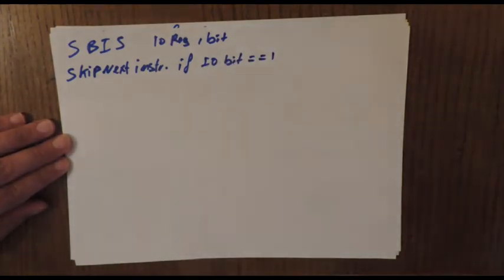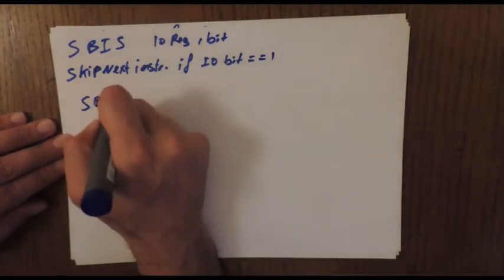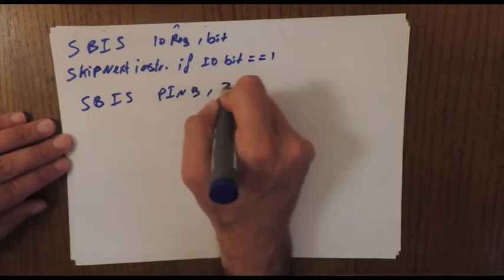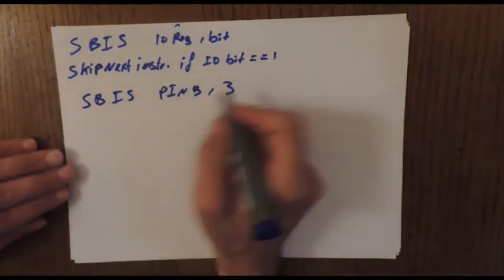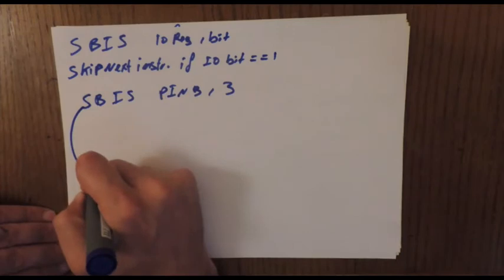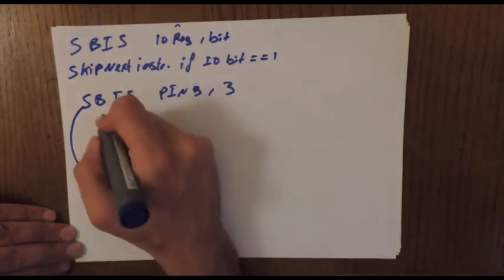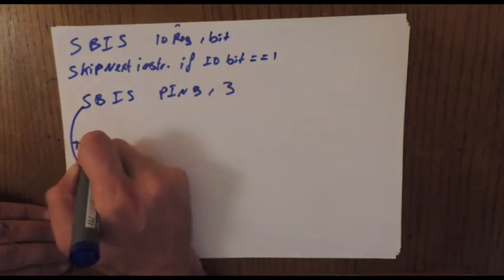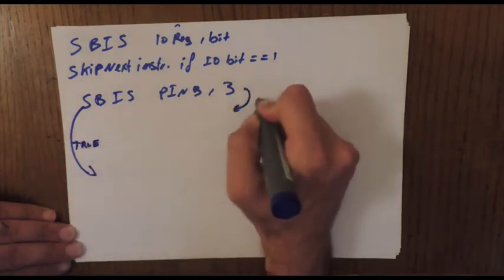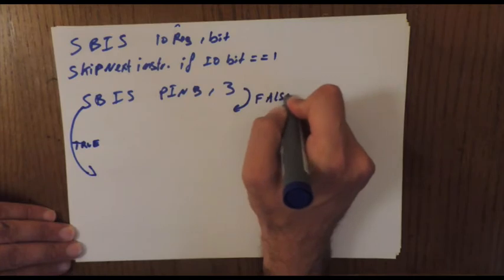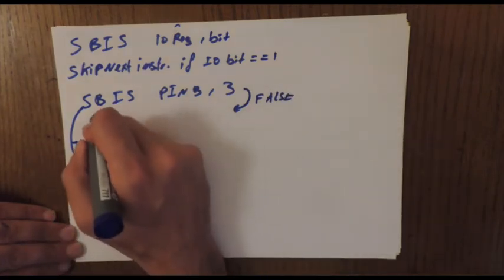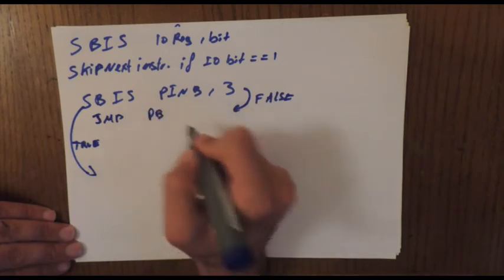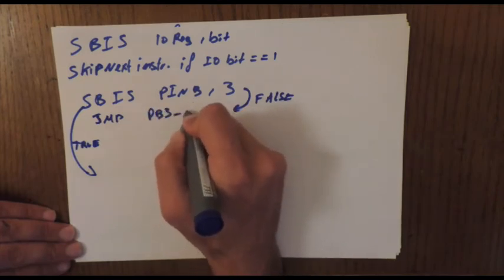So in this case, I can do something like this: SBIS, let's say, of course, pin B, comma 3, and if it's true, I'm gonna skip. So otherwise, so this is true, this is false. So in this case, I'm gonna jump to PB 3 clear.